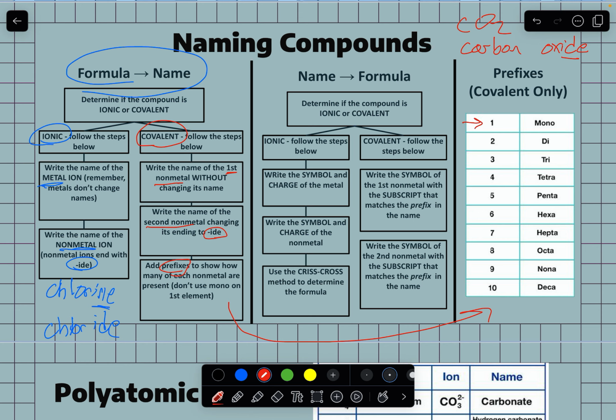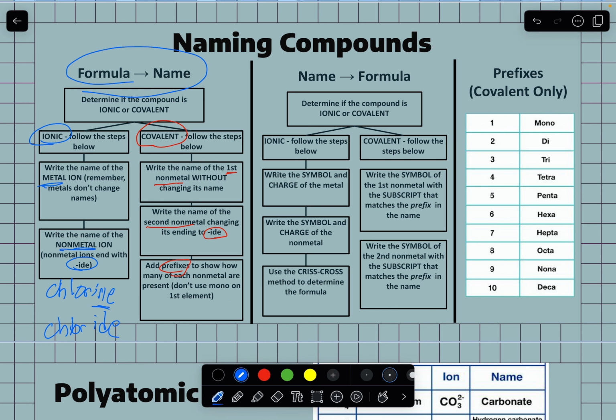So that would be mono. But a special thing with mono, make sure you note this down or remember this: you don't put mono on the first element. So if the first element is carbon, we only have one, it's going to stay as carbon. We're not going to write monocarbon. Okay. For the second one, for oxygen, we have two. So 2 is di. I'm going to put a di in front of oxide. So we have carbon dioxide. Okay. And we'll do some more examples here in a minute.